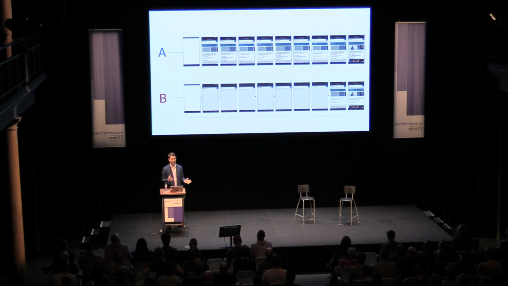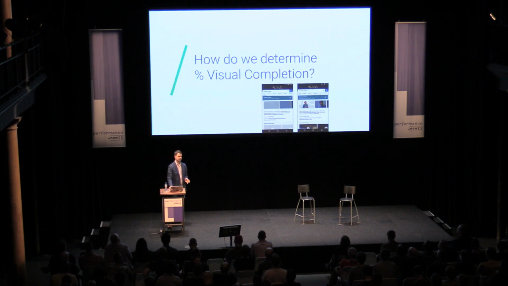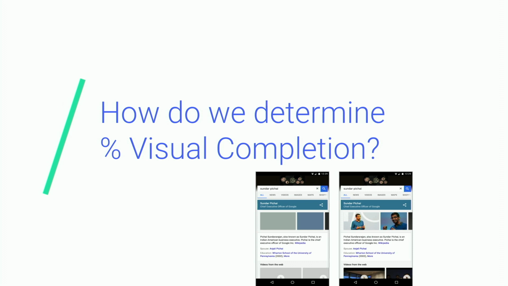It does this by evaluating the percentage of visual completion at every single point in time. Percentage of visual completion is an interesting thing. If we have these two images, how do you say it's 60%? How would you write that if you had to define it? There are a few ways to.